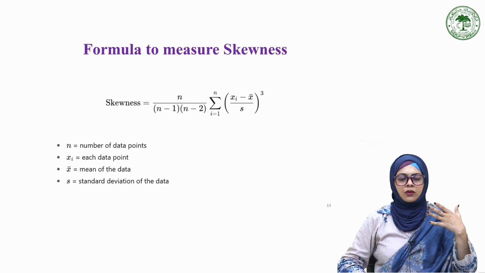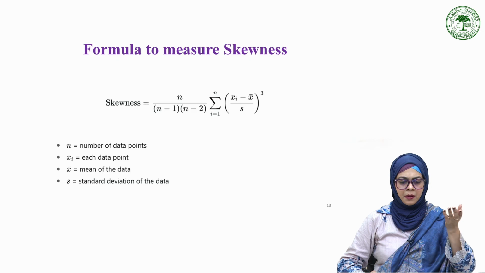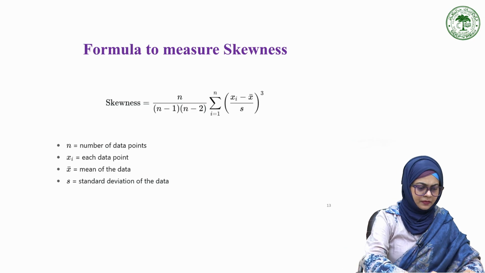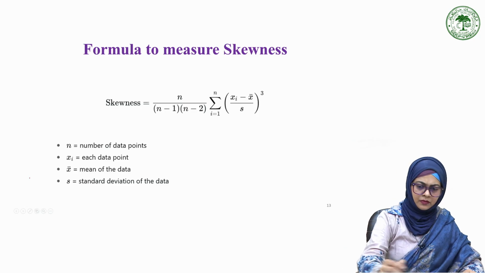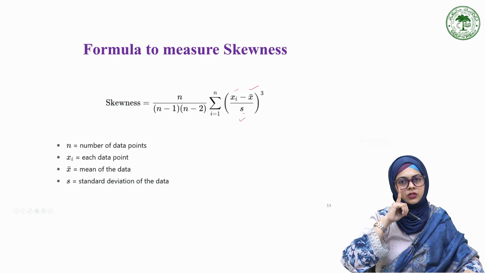If you look at the formula of the skewness, this is how you calculate it, where n is the number of data points, x_i is each data point, here this is the mean of the data and this is the standard deviation.